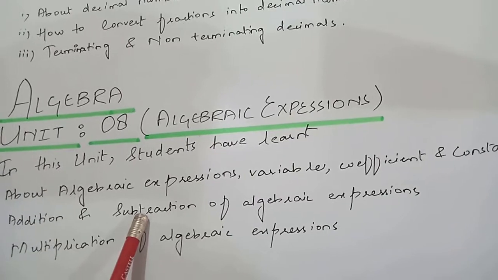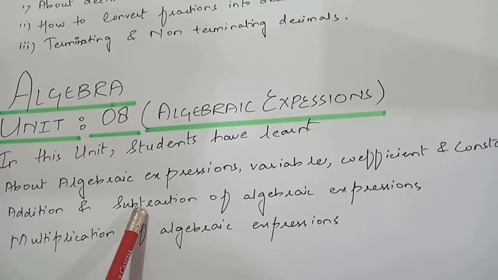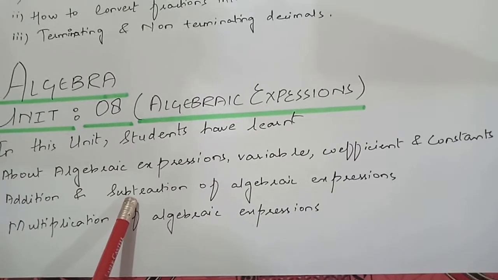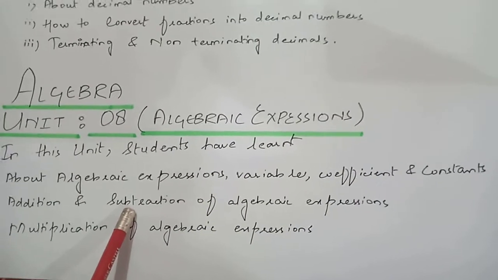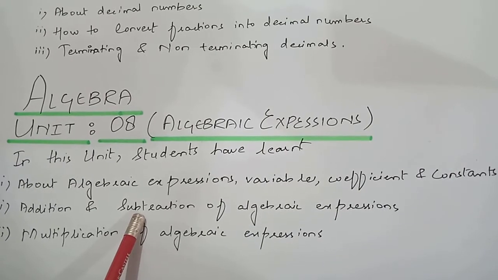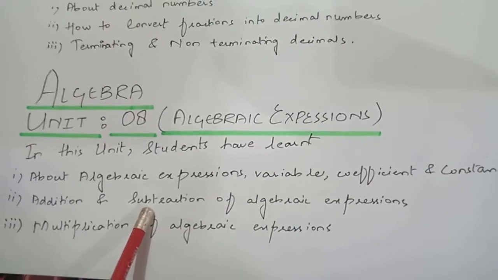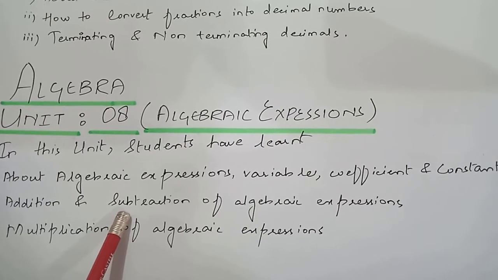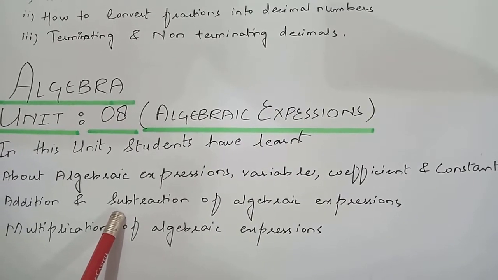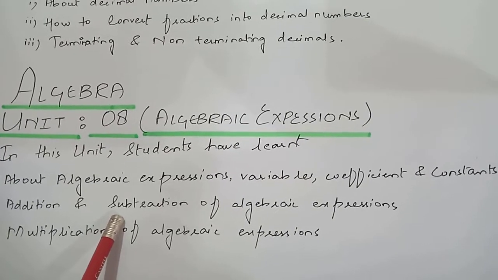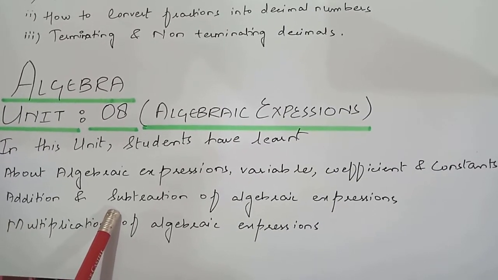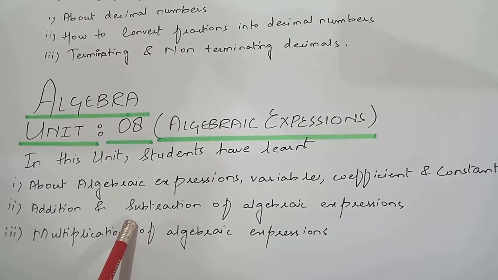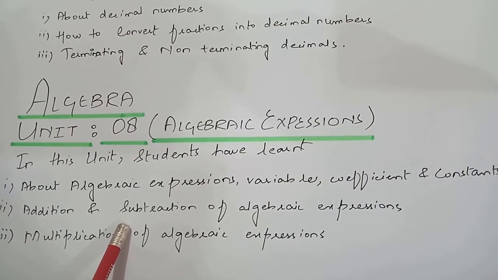Constants and variables when written together with operators form an algebraic expression. An algebraic expression consists of a single term or terms connected by the operations of addition and subtraction. For example, x minus 2y or x square minus xy plus y square.